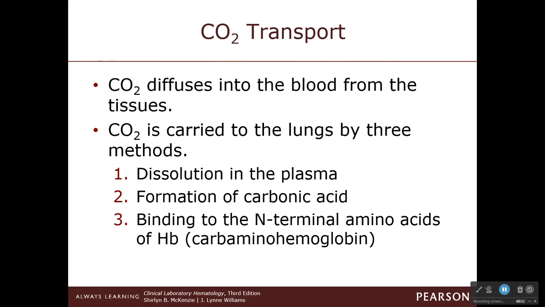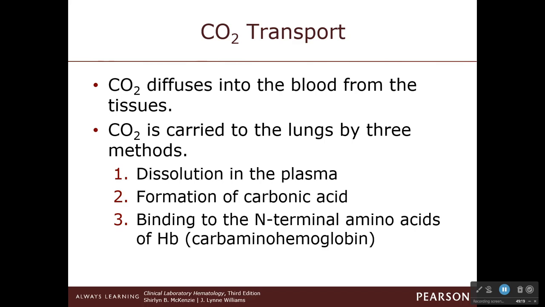Okay, it may not. So let me make sure I'm telling you what it's called. I'm pretty sure that's what it's called. Yes, carbonic anhydrase. Okay, Ca stands for carbonic anhydrase.